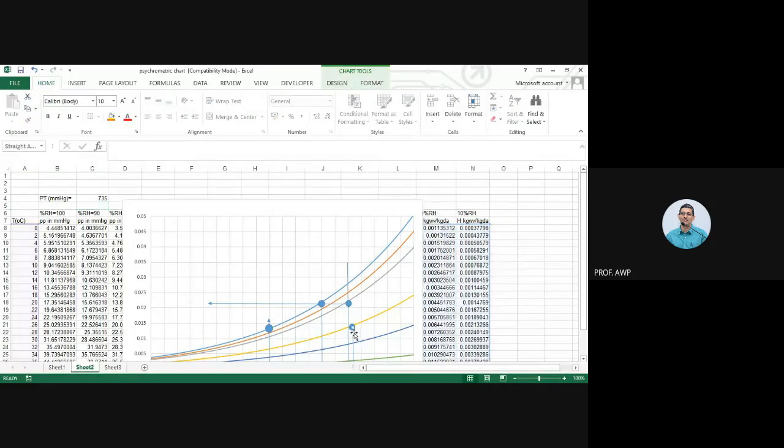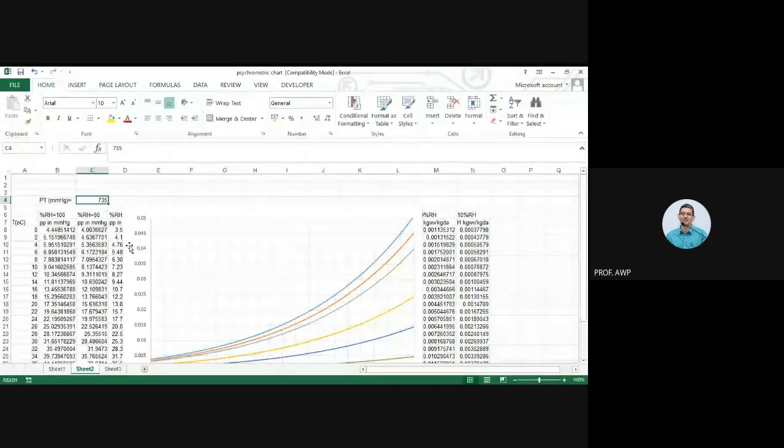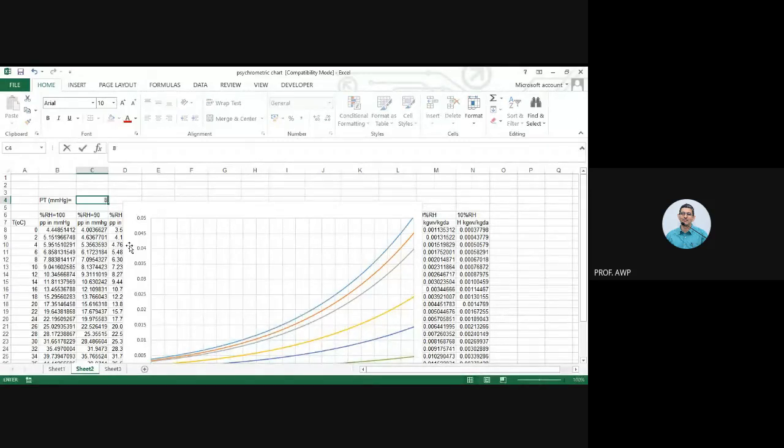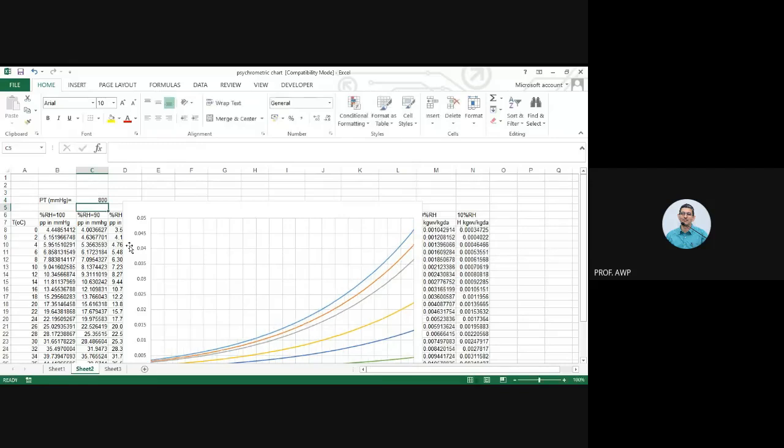Everything has changed automatically. That's the advantage of doing it in Excel or writing your own Python code. Suppose pressure is not 735, pressure is 800. All these values will automatically change.